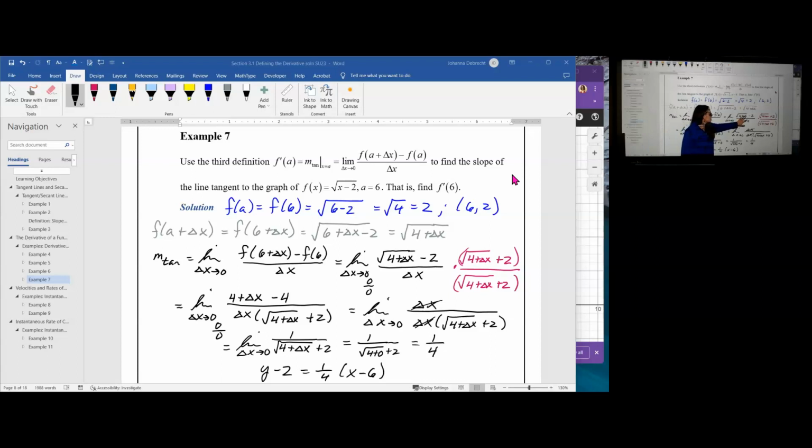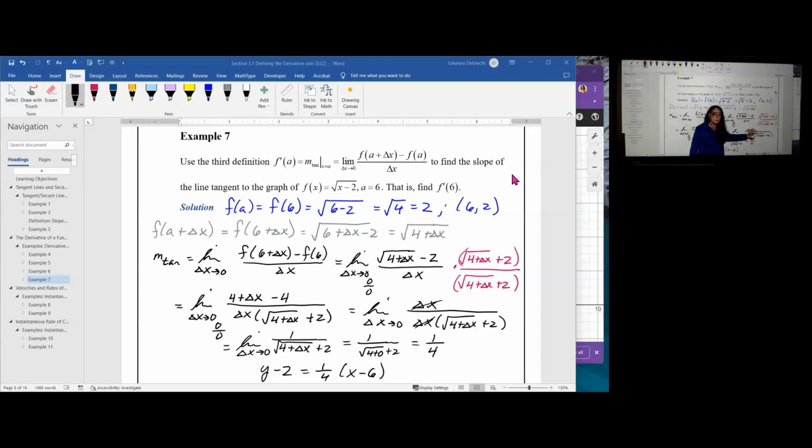When I write it, notice that if I substituted 0 in place of the delta x, I would get 0 over 0. So I know I have some algebra to do. I've got the square root and another term, so that reminds me of using the conjugate. I multiply by the conjugate divided by itself.